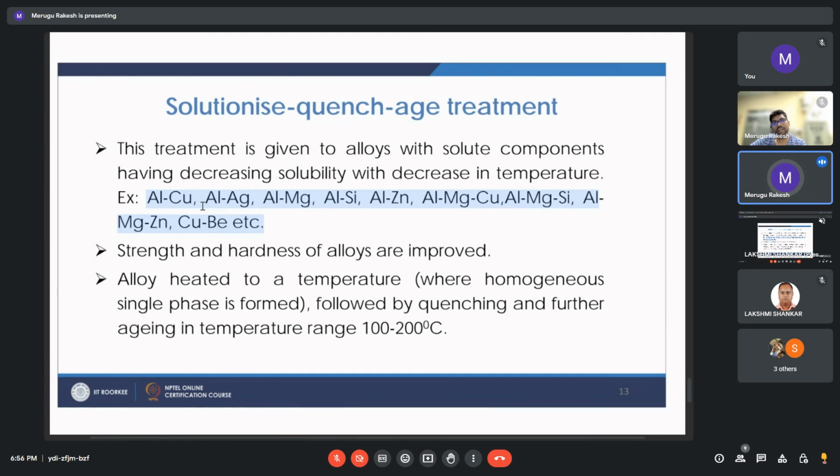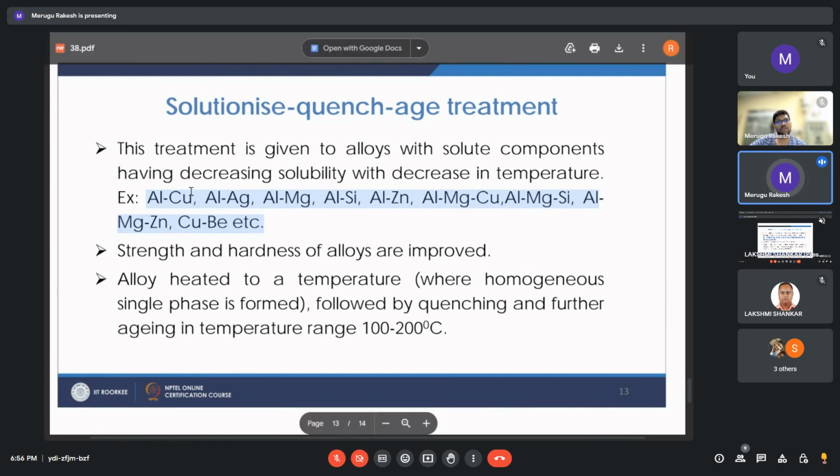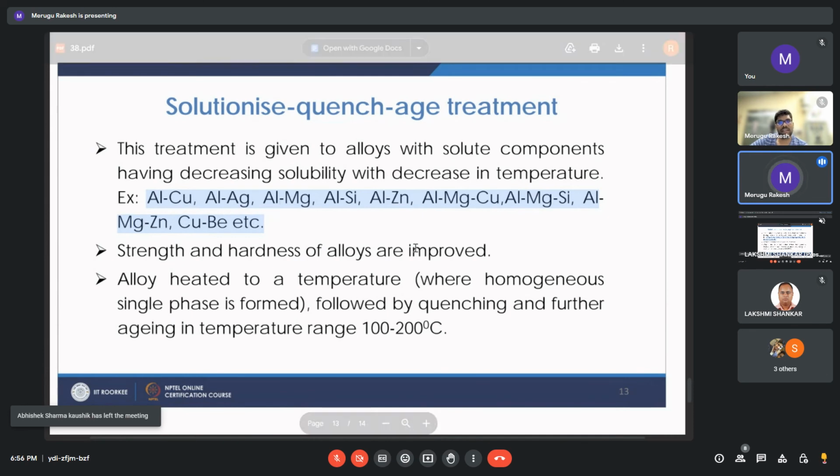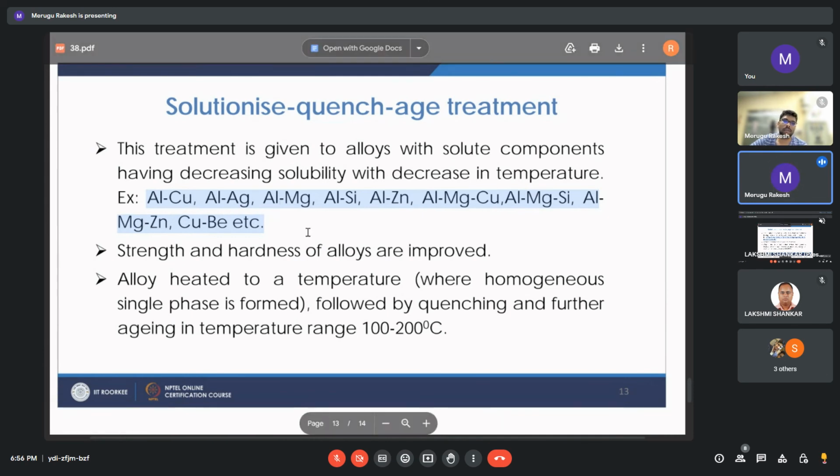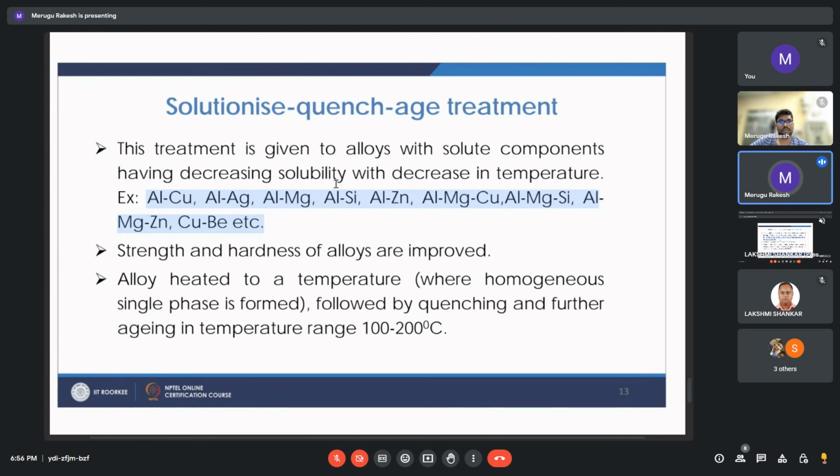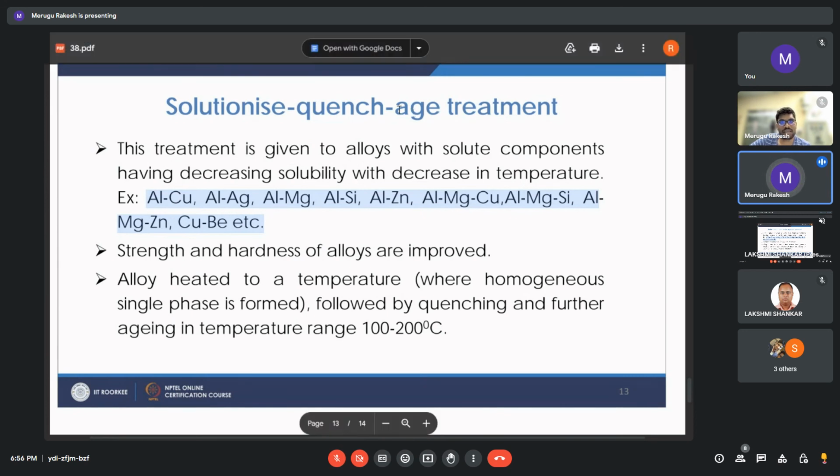But when you heat treat it, the copper will form precipitates, coming out from the actual mixture, and these precipitates impede dislocation movement and improve the mechanical properties. That is what age treatment is known as.